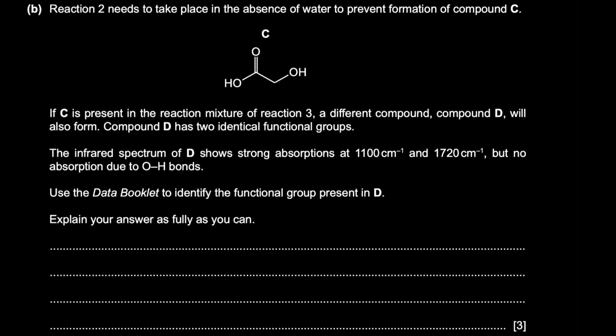If C is present in the reaction mixture of reaction 3, a different compound D will also form. Compound D has 2 identical functional groups. The infrared spectrum of D shows strong absorptions at 1100 wave numbers and 1720 wave numbers, but no absorption due to OH bonds. Use the data booklet to identify the functional group present in D. Explain your answer as fully as you can.